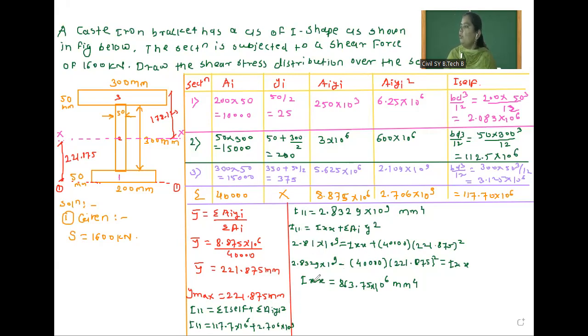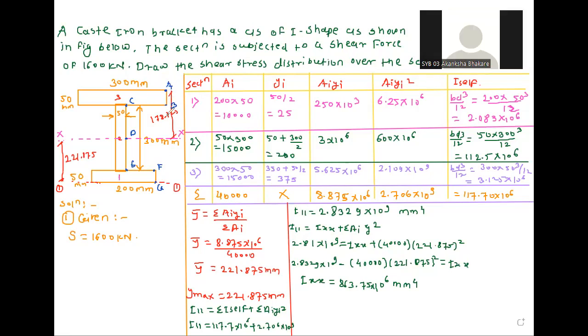Now once you have got the moment of inertia, the next target is to find out the shear stresses at important locations. First we will mark points here: suppose this is point A, B here, C point here, D point here, E, F and the last one is G. Now you tell me, in previous problems we have solved, suppose shear stress at B is equal to shear stress at F. Is that condition possible here or not?